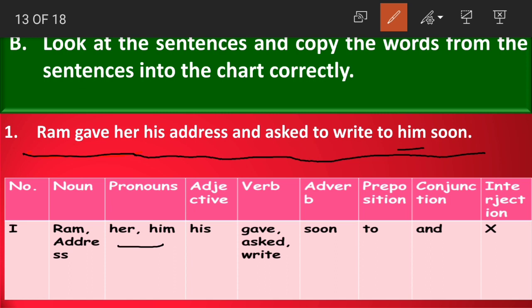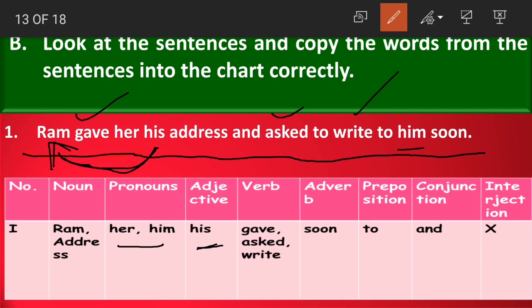Adjective, his. Why adjective? Because it belongs to the noun. In 'gave her his address', this his is about the noun, that is why this is an adjective. Verbs are gave, asked and write.